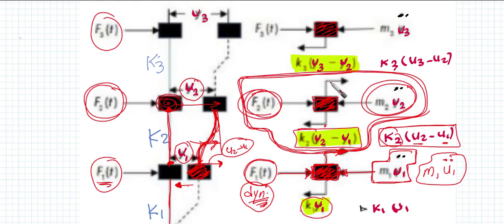At the top it is the same, but we use U3 minus U2, and it acts upon mass 2 toward the right. This is what we have regarding each mass.